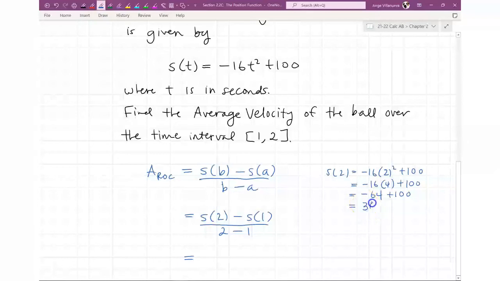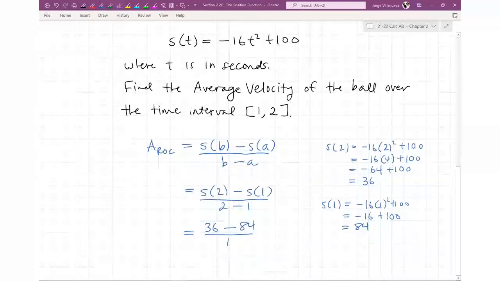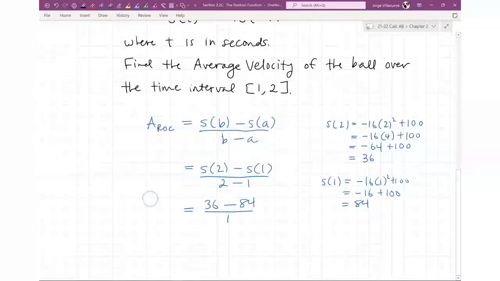Yeah, 36. Okay. Minus S of 1, that's negative 16 times 1 squared plus 100, which is negative 16 plus 100. That's 84. Divided by 1. Well, 36 minus 84 is negative 48.